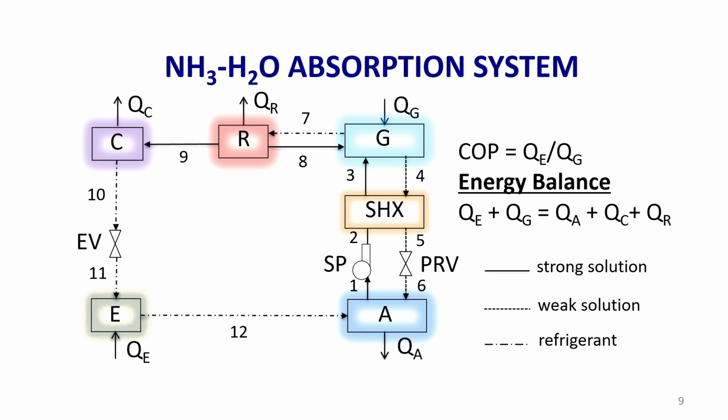These three components are the same. So there is no change. The condenser is present in the compression system, the expansion device, it could be a capillary tube or a valve, is present in the compression system, and of course the evaporator. You will not find the component compressor here.